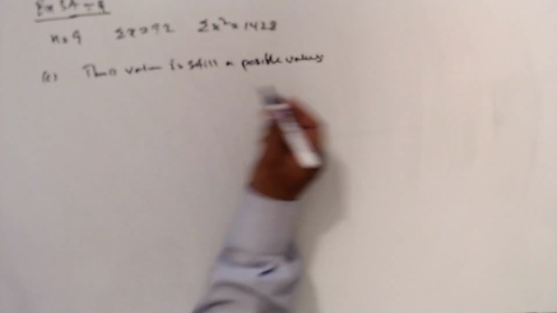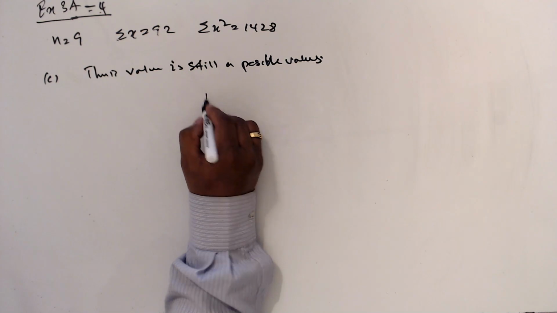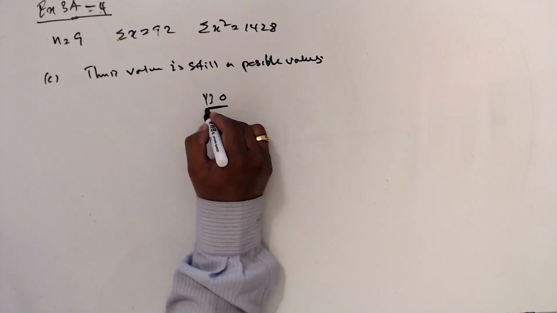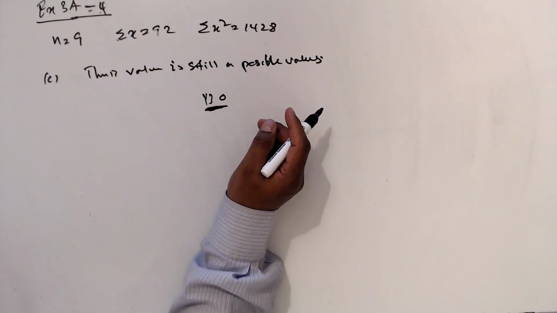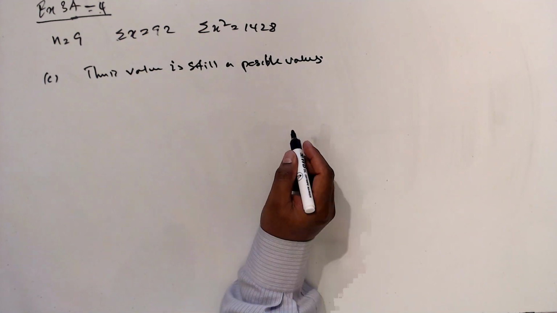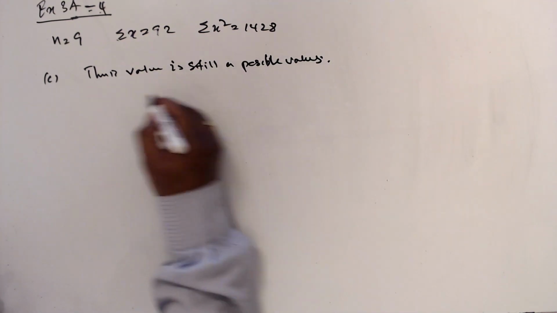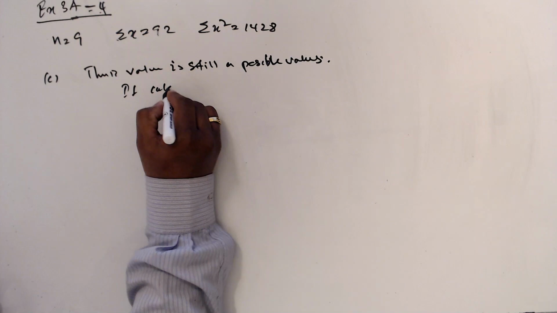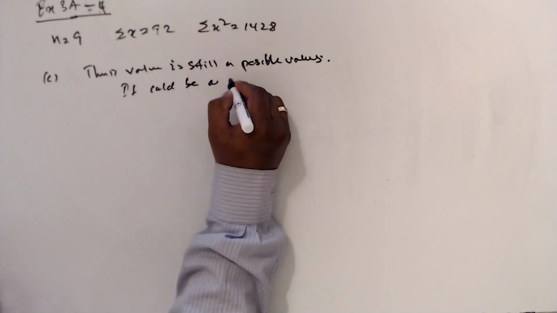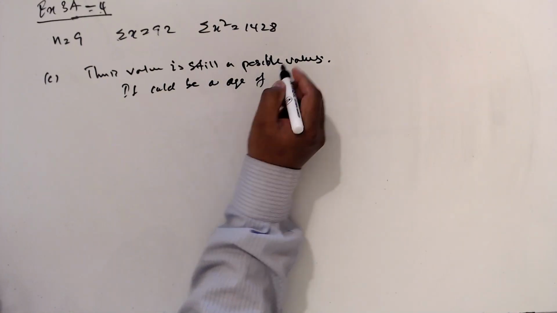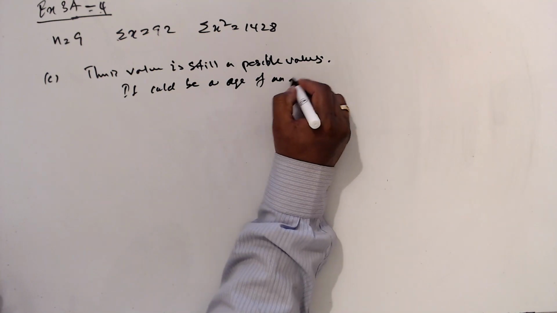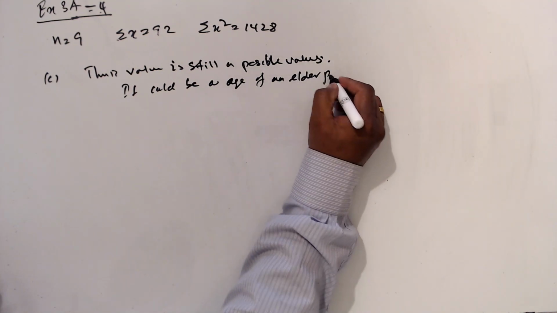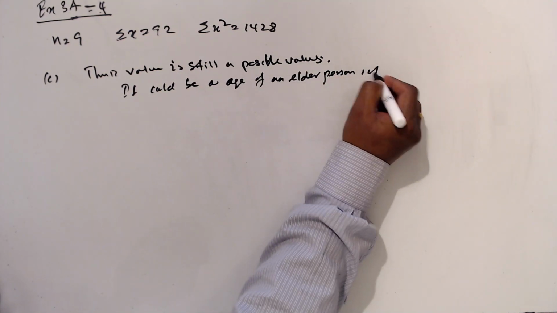But if it is 130, no, it's not possible. It can't be the age of a human. It could be the age of an elder person in the party.